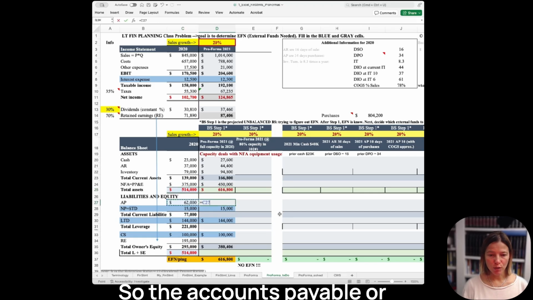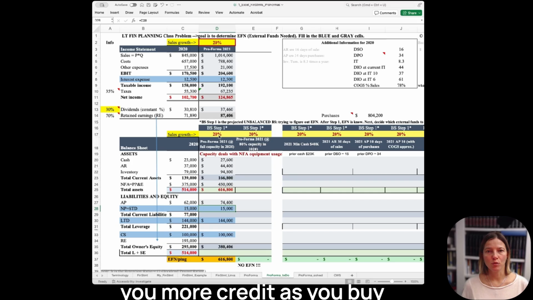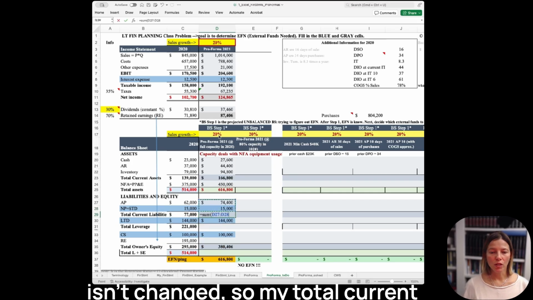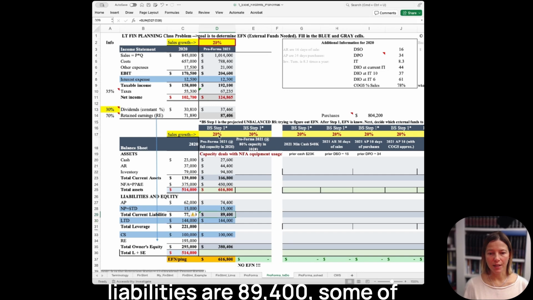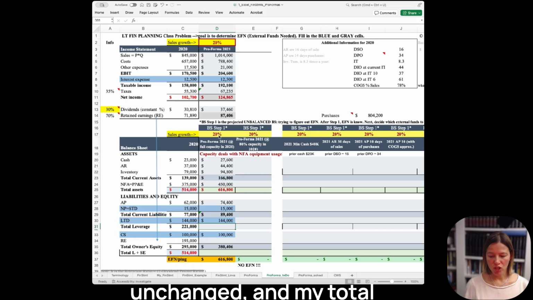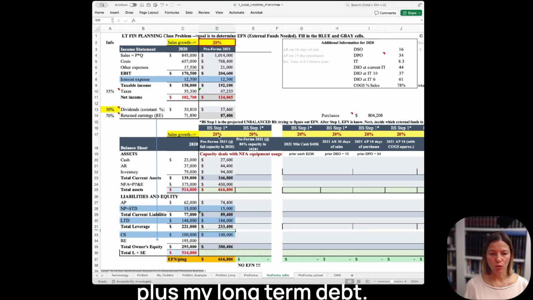So the accounts payable, or the credit from your suppliers, is going to grow at 20%, again, because they will give you more credit as you buy more material from them. We already said that notes payable isn't changed, so my total current liabilities are $89,400, a sum of accounts payable and notes payable. My short-term debt remains unchanged, and my total leverage is my current liabilities plus my long-term debt.